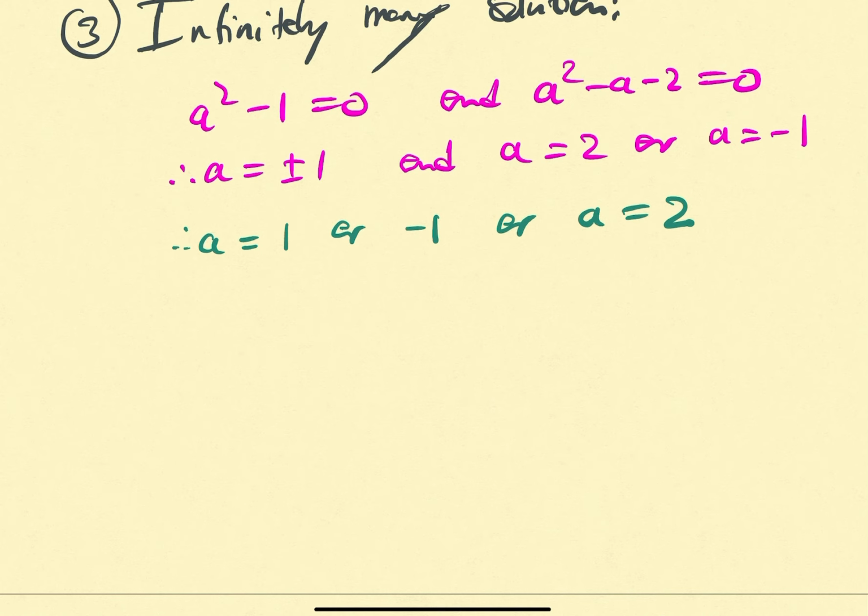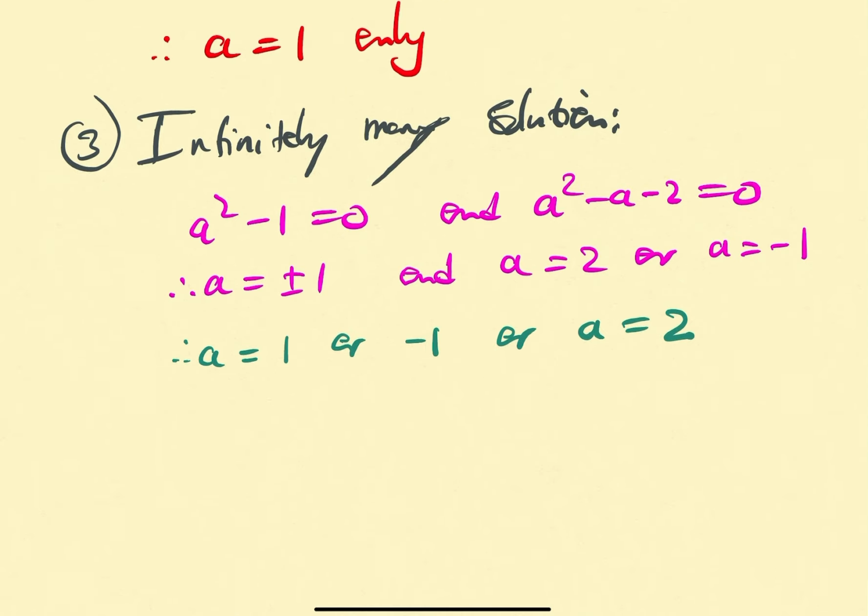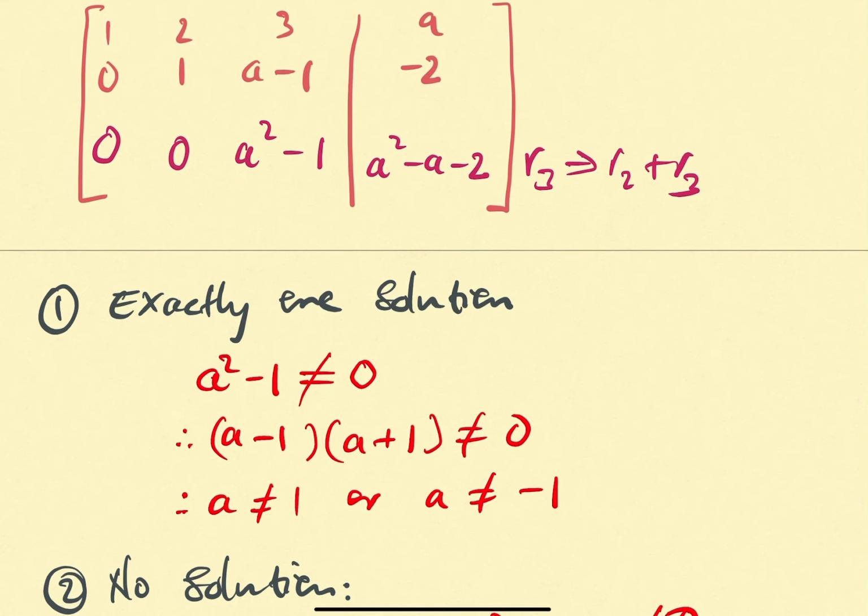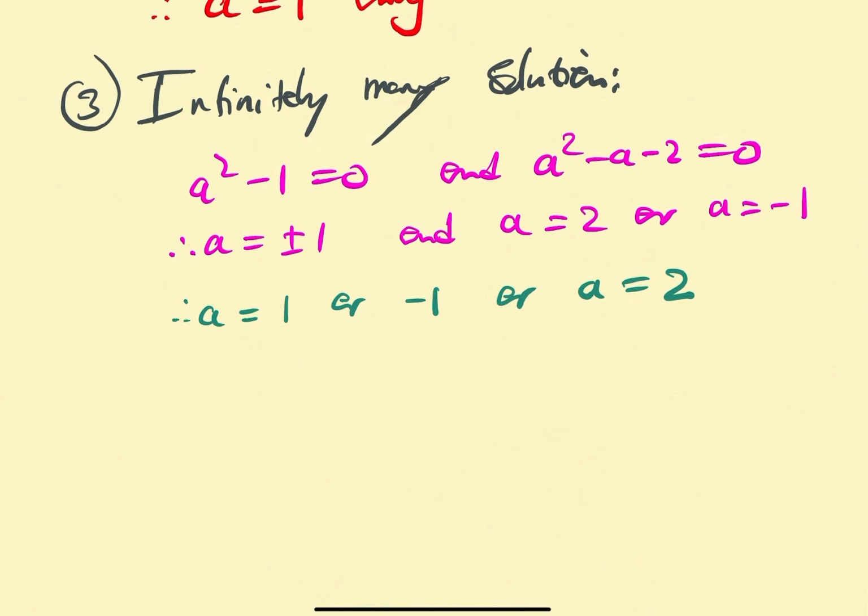Well, I'm going to verify if these answers are true. I'm going to take 1 and put it here. If I put 1 here, I'm going to get 0, and here is negative 2. So 1 is out, because it must be 0 is equal to 0 for infinitely many solutions. I'm getting 0 is equal to negative 2, which is not true. Now I'm going to take negative 1.